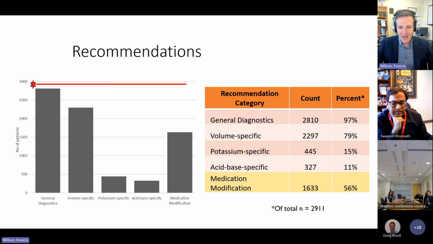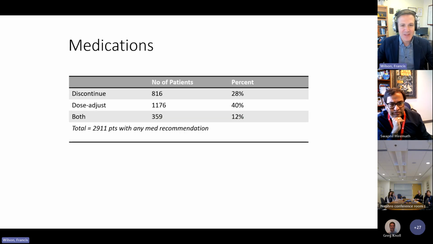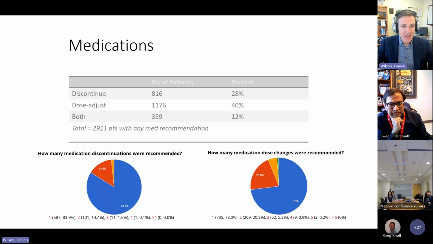And it's interesting because, by the time AKI comes to nephrology, it's quite a bit more severe than this. And we're often worried about potassium. In this case, there's a lot of people with fluid and volume losses that actually could benefit from some potassium. Lots of discontinuation of medications, 28%. Again, interim analysis here. 40% of dose adjustments, 12% had both. So there's lots of pharmacy benefit, we think.